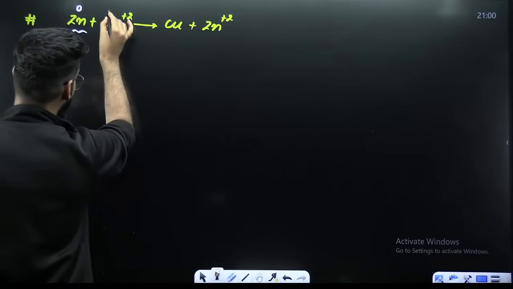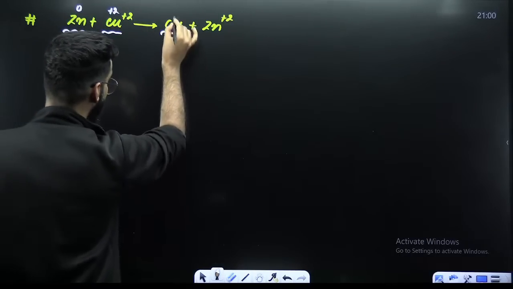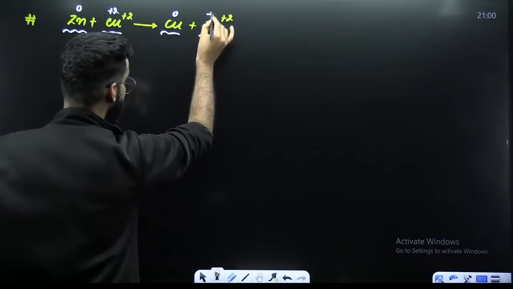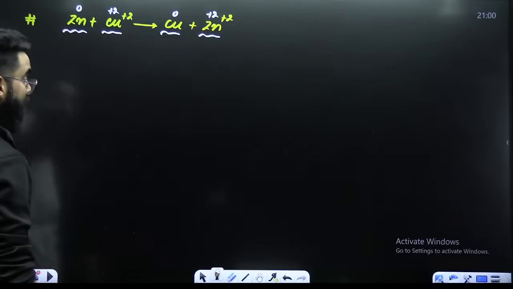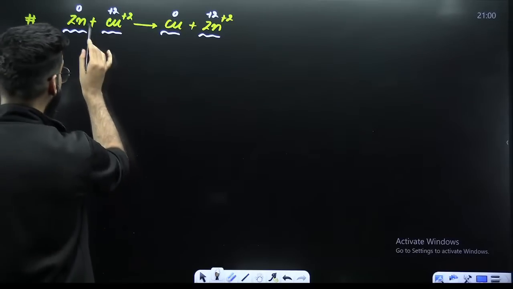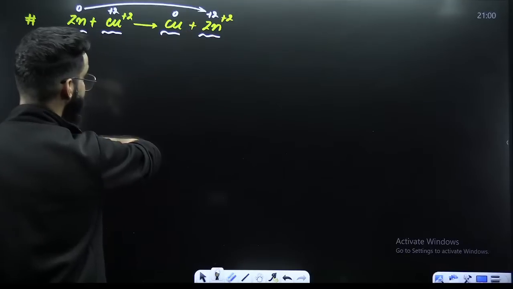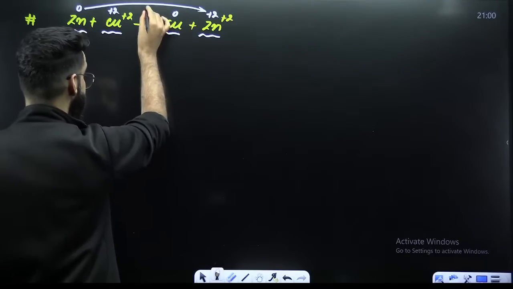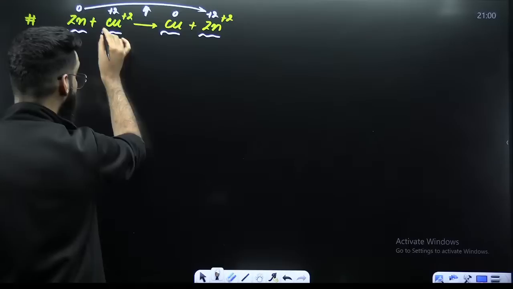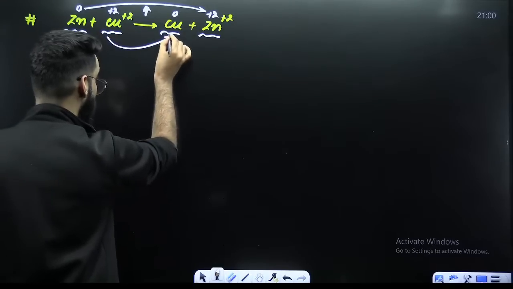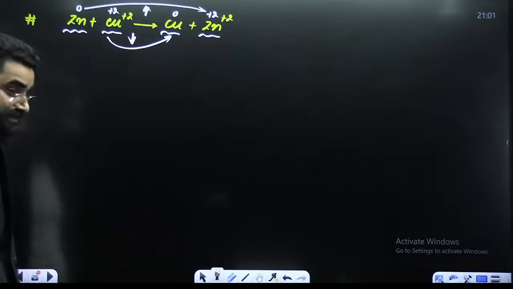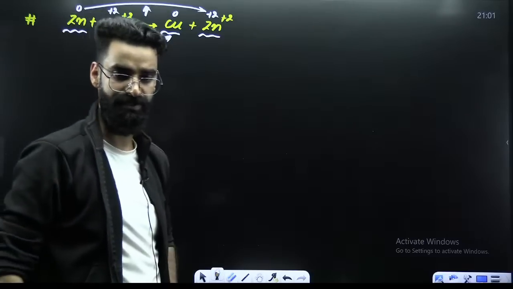The charge on this copper here, it's +2. The charge on this copper here, it is 0. The charge on this zinc here, it's +2. So now understand, can I say the oxidation state of zinc is going from 0 to +2? 0 to +2 means an increase in the oxidation state. Now talk about the copper. +2 to 0 means a decrease in the oxidation state.